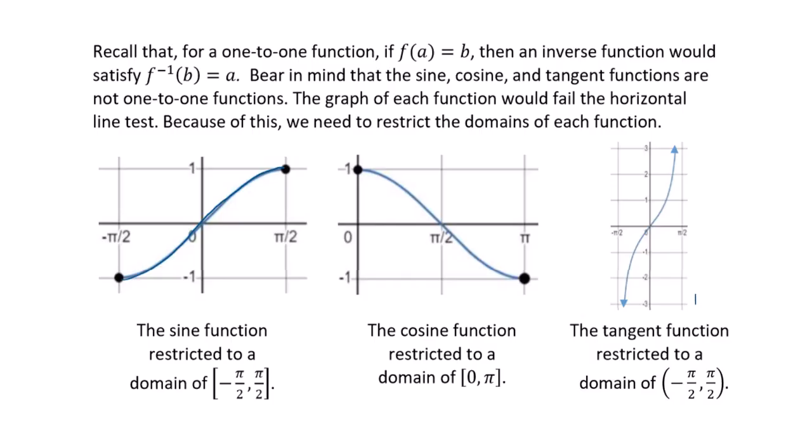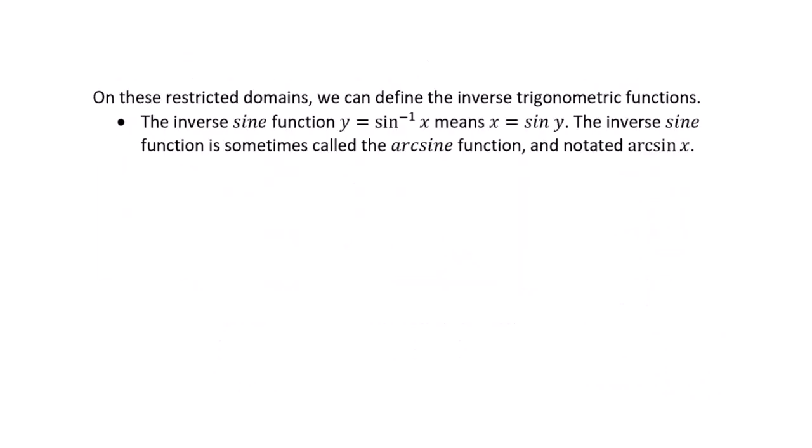This takes out all of the other periods of the tangent function so that we only have one of those periods to focus on, and it passes the horizontal line test. And again, it still covers all of the outputs possible in the range. Now, on these restricted domains, we can define the inverse trigonometric functions.